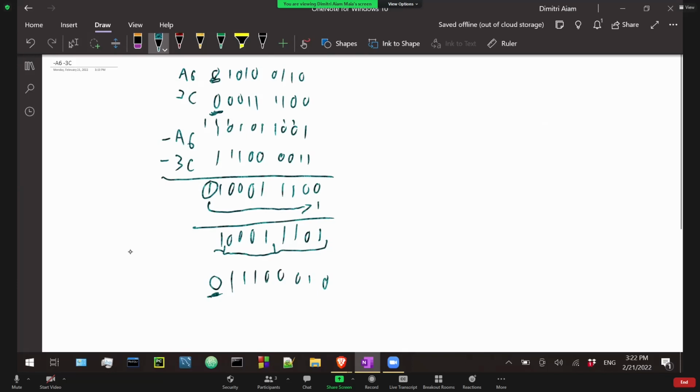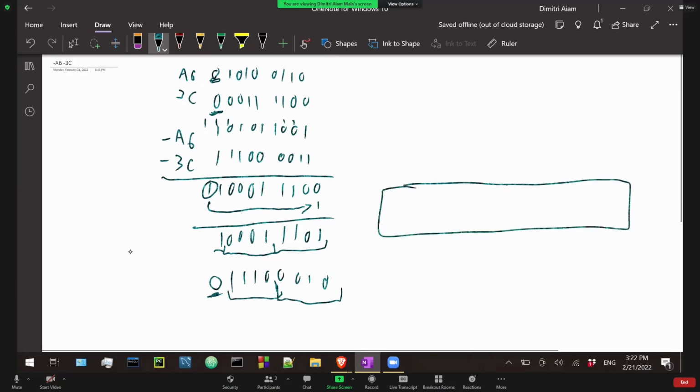So let's see what number this is. So here's the function. Let's see if I can do it like we did in class. 1, 2, 3, 4, 5, 6, 7, 8. So we have 1, 2, 4, 8, 16, 32.